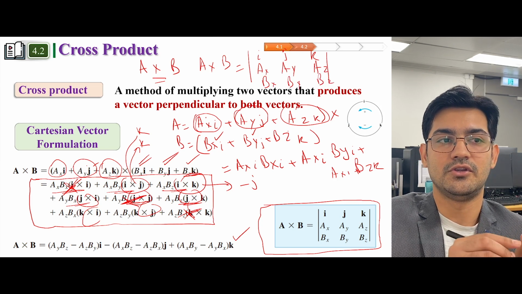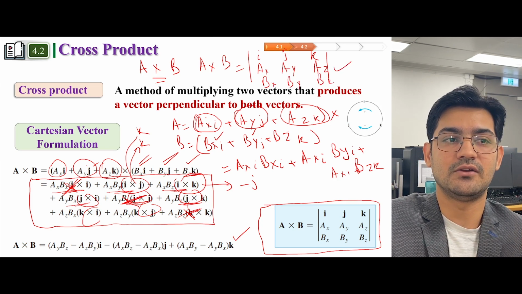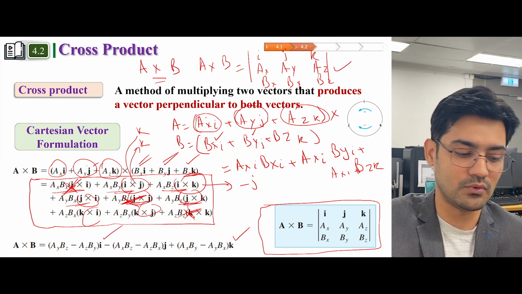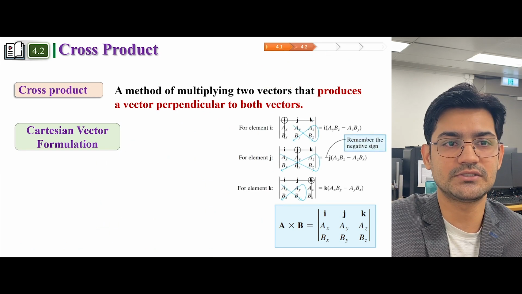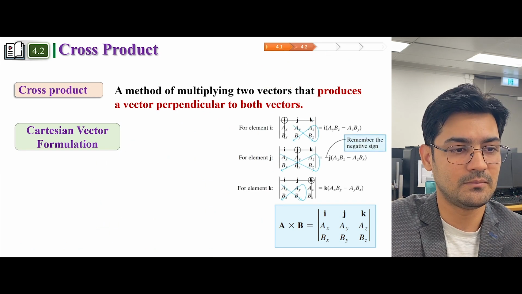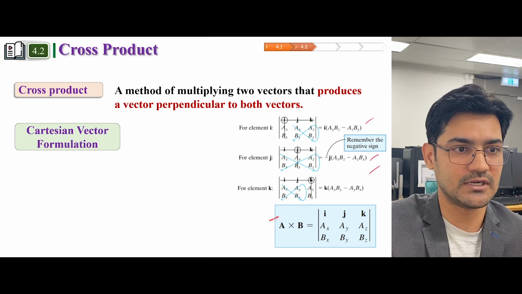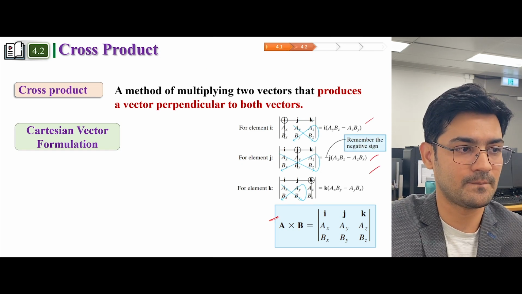If you resolve this matrix into its components, then you will get similar results. So let's try to resolve this matrix into its components to get the same results which we were getting before.